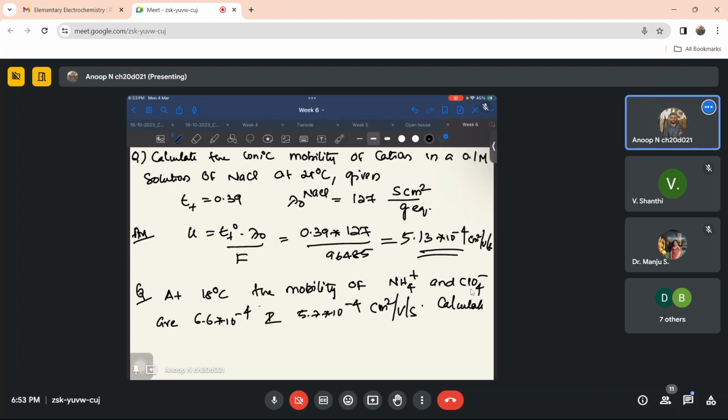Calculate the equivalent conductance of NH4ClO4 and the transport number.